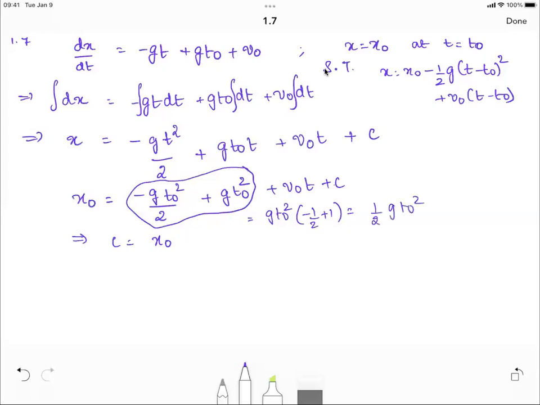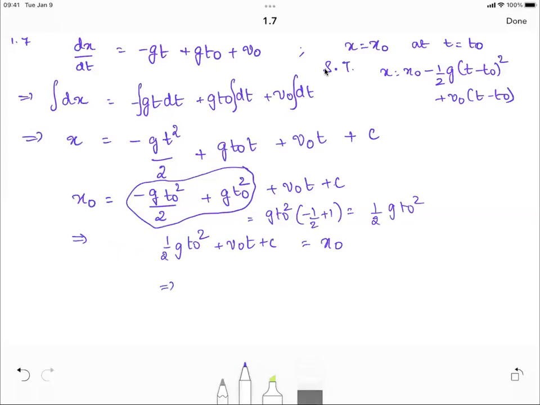Right, so let me write it the other way so it's easier to understand. You have x0 to be half g t0 squared plus v0 t plus c. Now I'm going to just swap the LHS and RHS.